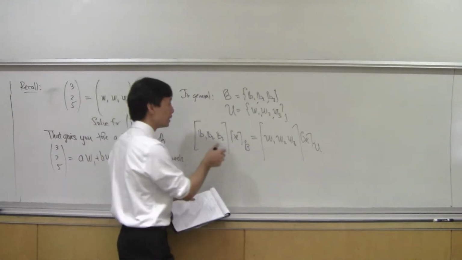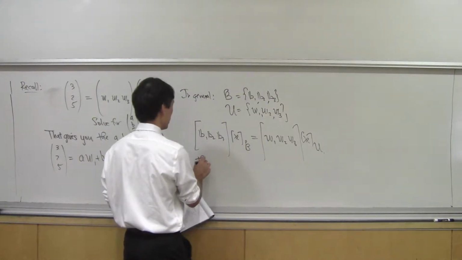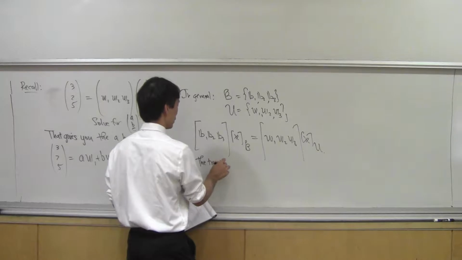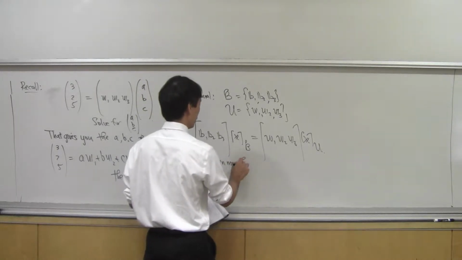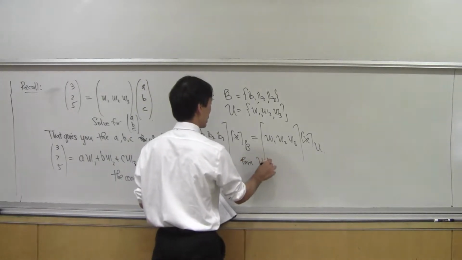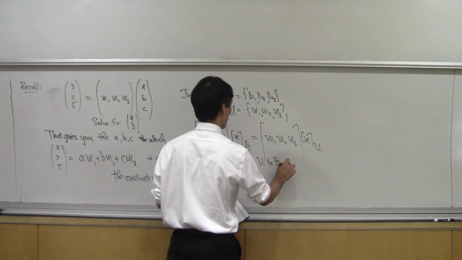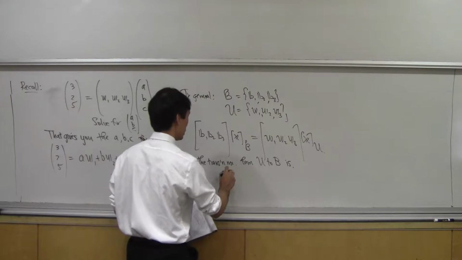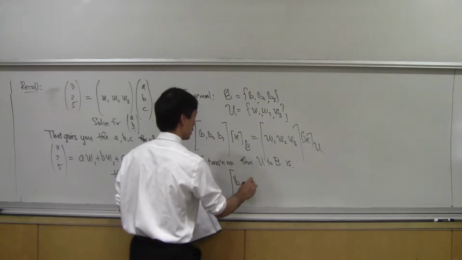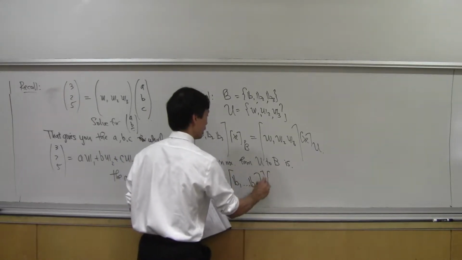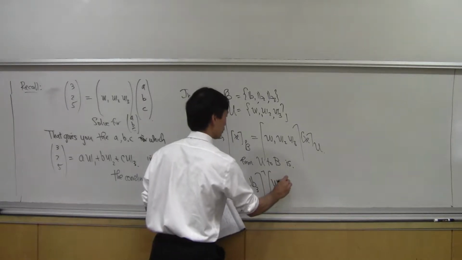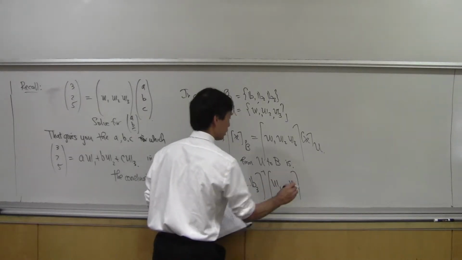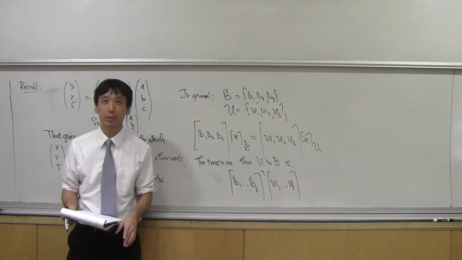And so the transition matrix from U to B is just: you take the B matrix, invert it, and multiply it by the U's. This is what we saw last time.